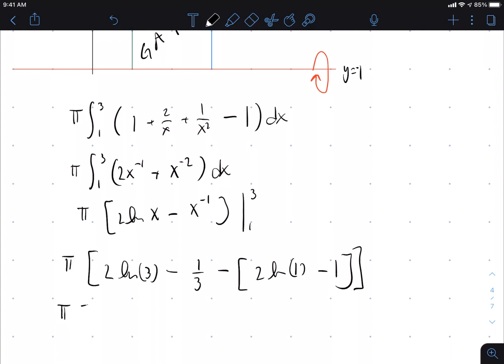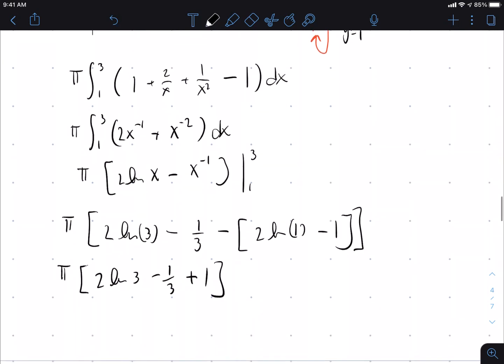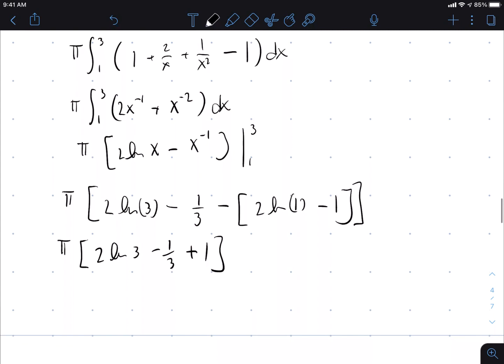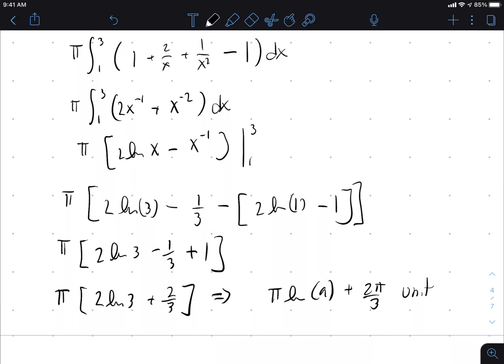So I'm going to get pi times 2 ln of 3 minus 1/3 plus 1. Agreed? Okay. Which will give me pi times 2 ln of 3 plus 2/3. Right? And really, I could clean that up if I wanted to. I could go pi ln of 9 plus 2 pi over 3 units cubed.